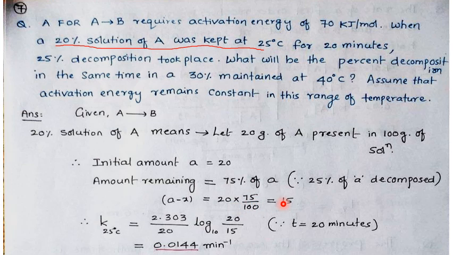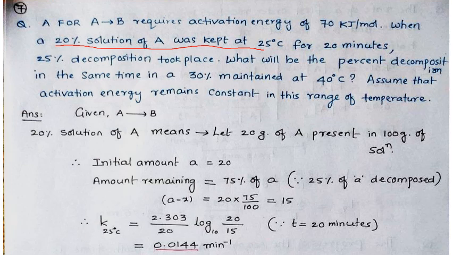So we have A value, we have A minus X value 15, and the time is given, 20 minutes. Now calculate the rate constant at 25 degrees centigrade. I have substituted all the values. So this is the rate constant value at 25 degrees centigrade, 0.0144 minute inverse.